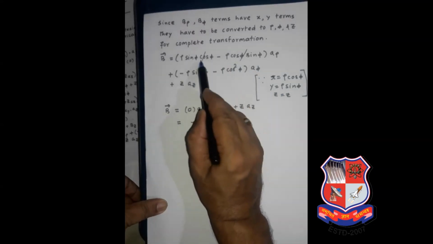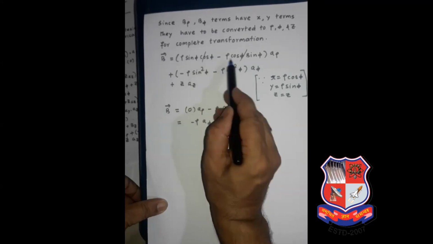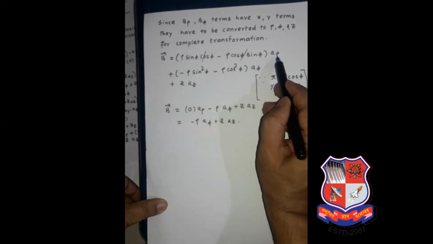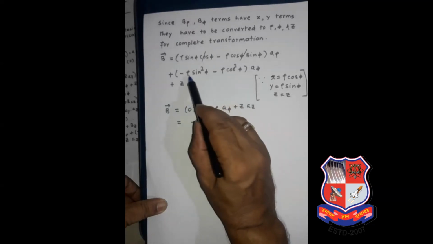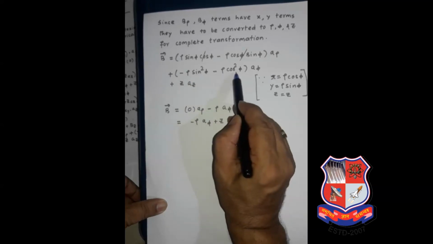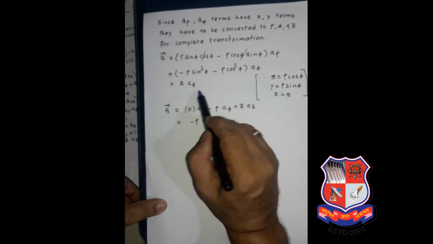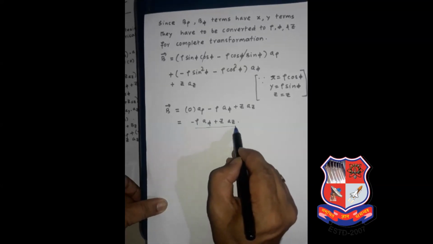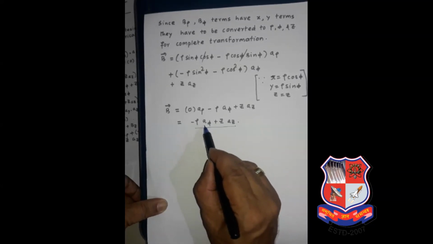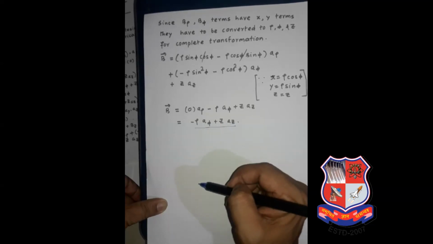Substitute here, and you see that these two cancel out, so the a rho component is 0. Then for these two, if you take minus rho common, sin square plus cos square is 1. So the final answer will be minus rho a phi plus z az.